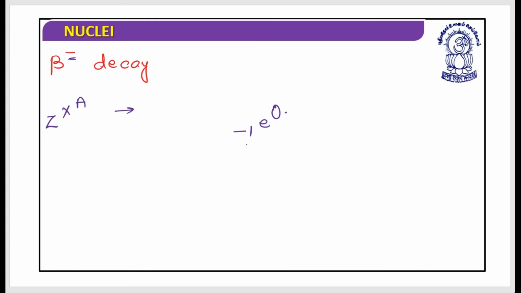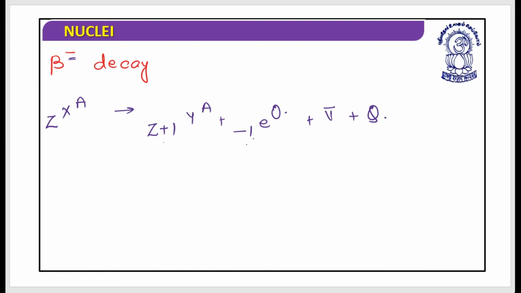So to make this minus 1 e0, this must be Z plus 1 Y A. I hope this is clear. So this is Z plus 1 minus 1, this is Z. Yes, absolutely correct. Plus certain antineutrinos plus Q. I hope this is clear.